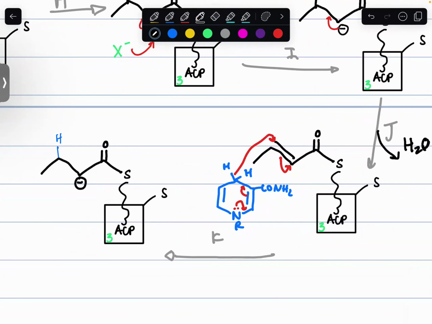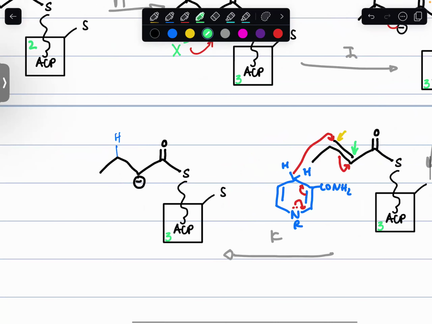Why does our hydride attack at the yellow position and not the green position? So our final product, when we attack at the yellow, we create the anion at the green.